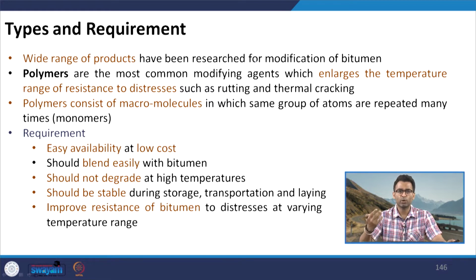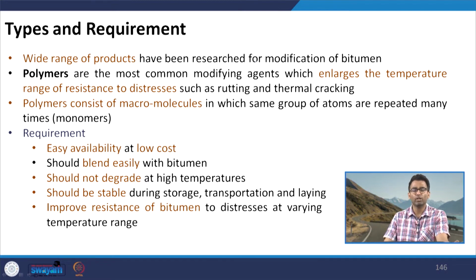available for mass production. Also, it should have the ability to blend easily with the bitumen, because as I mentioned, most of these polymers have physical interaction with bitumen rather than chemical interaction.